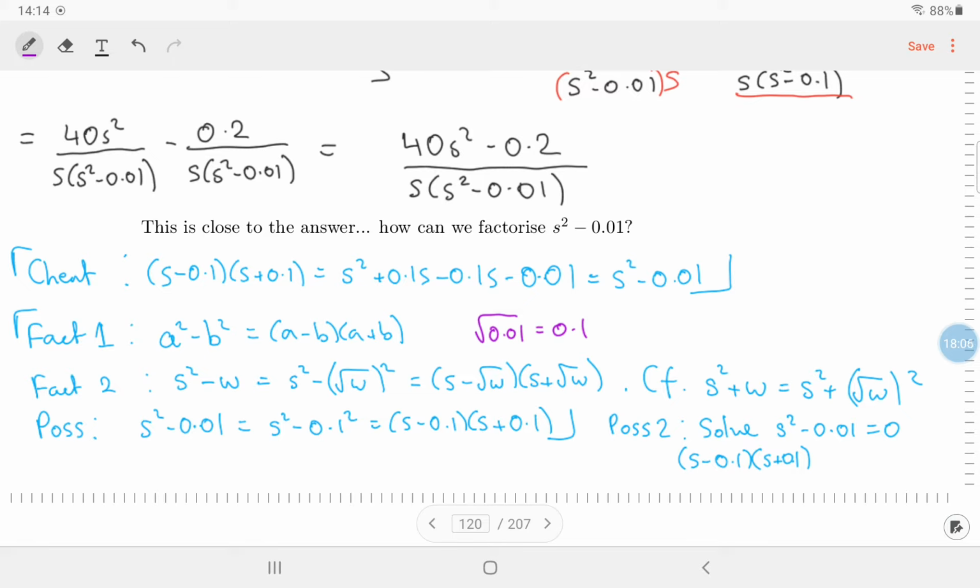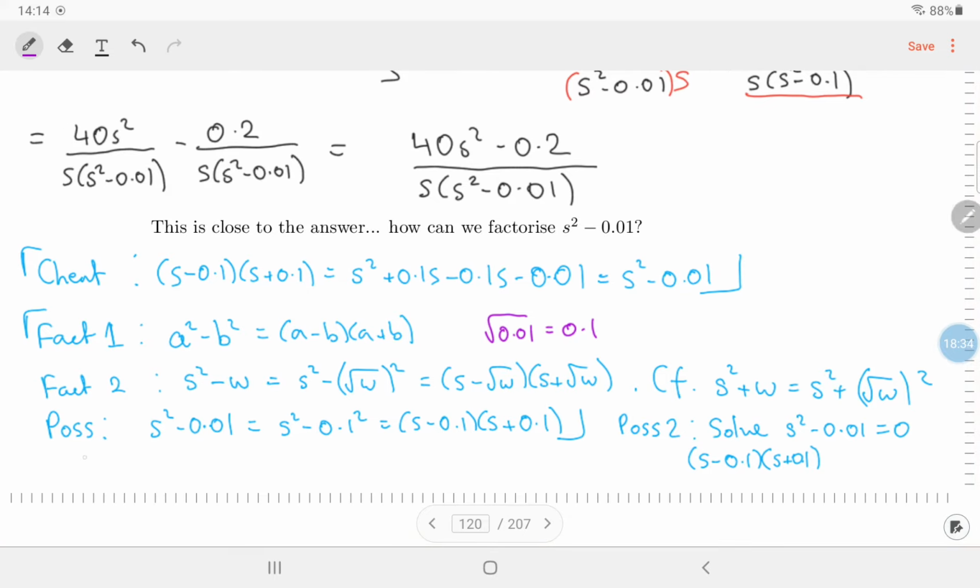And another possibility is that you use the factor theorem, that every root gives you a factor. So if you solve s squared minus 0.01 equal to 0, the two roots are plus 0.1 and minus 0.1. If you make factors out of that, the plus 0.1 gives you s minus 0.1 as a factor, and the minus 0.1 gives you s minus minus, in other words, s plus 0.1. There are various different ways of doing it.